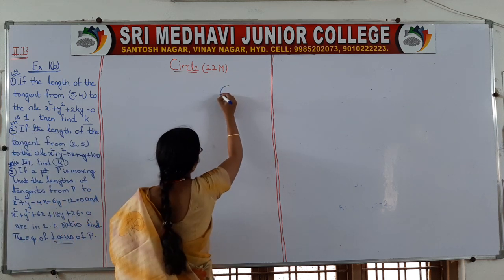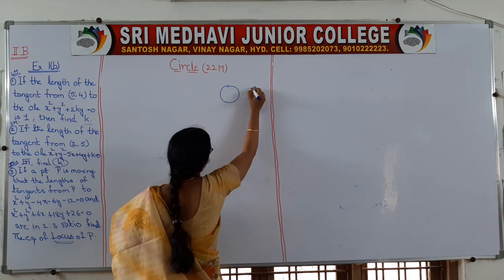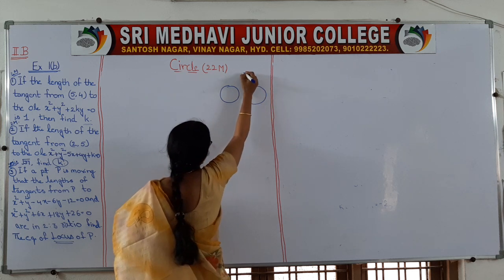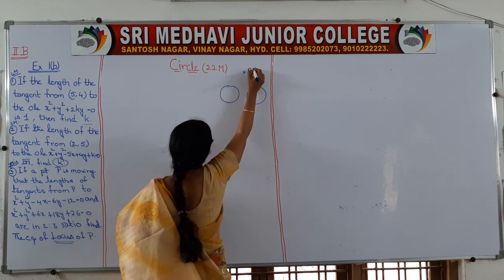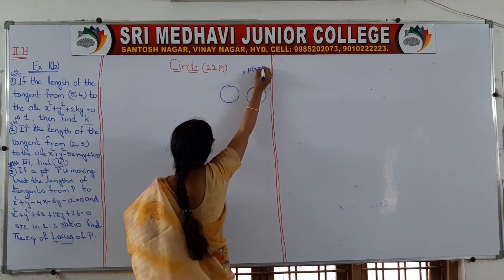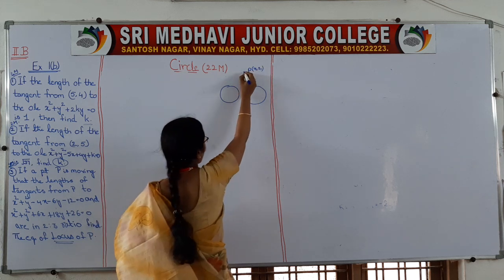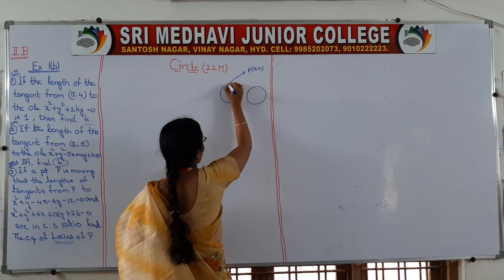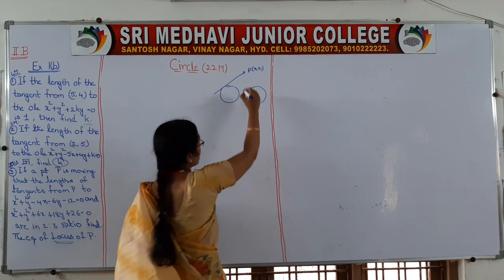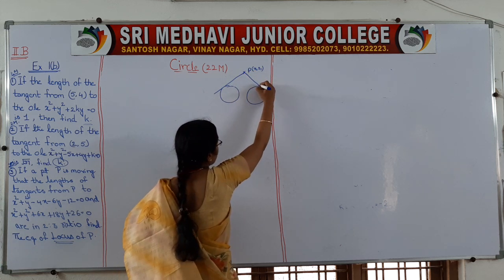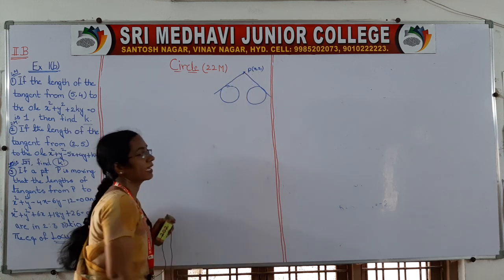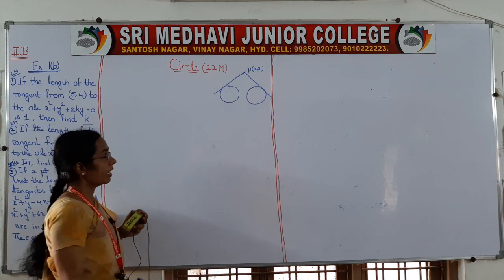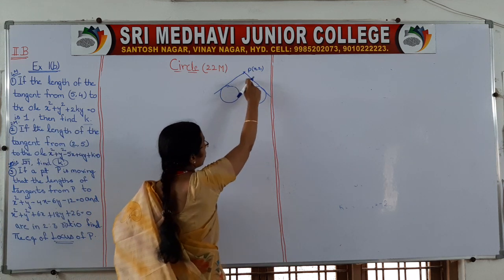There are 2 circles and one point P (x1, y1). From this point, if you draw one tangent to the first circle and another tangent to the second circle, then the lengths of tangents.